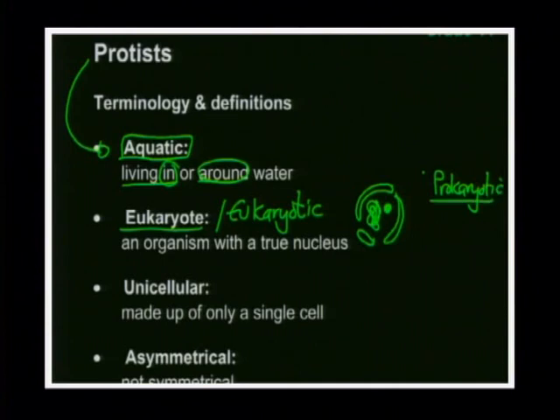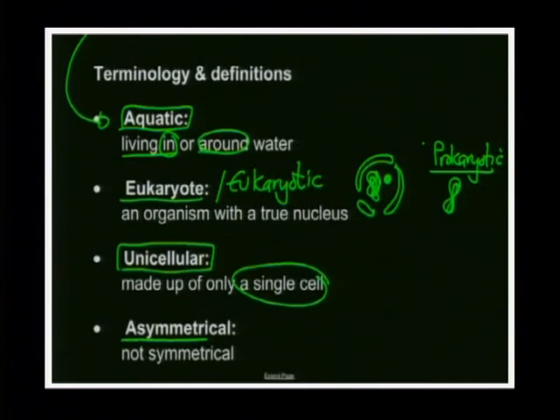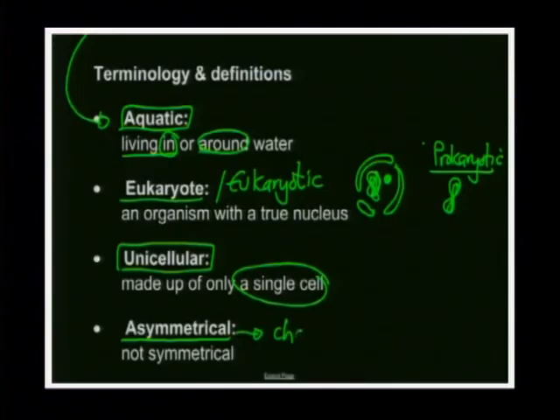A prokaryotic nucleus is one where there is no clear membrane, just the nuclear material, as is shown in our viruses and bacteria. Unicellular means only made of one cell. Asymmetrical is a characteristic shown by amoeba, and remember that asymmetrical describes it because it constantly changes its shape.